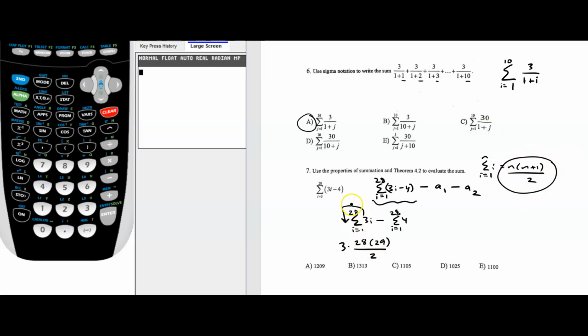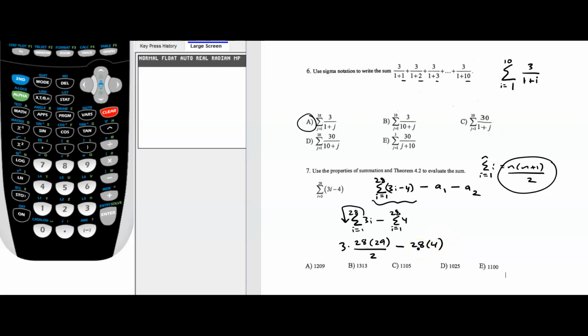Since i is going from 1 to 28, that would be 28 times 29 divided by 2. Then minus, this is a constant, and we're summing that 28 times, so minus 28 times 4, or that constant times n.